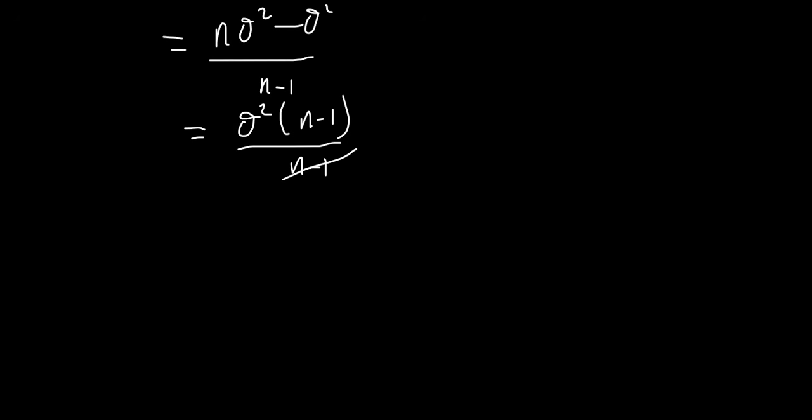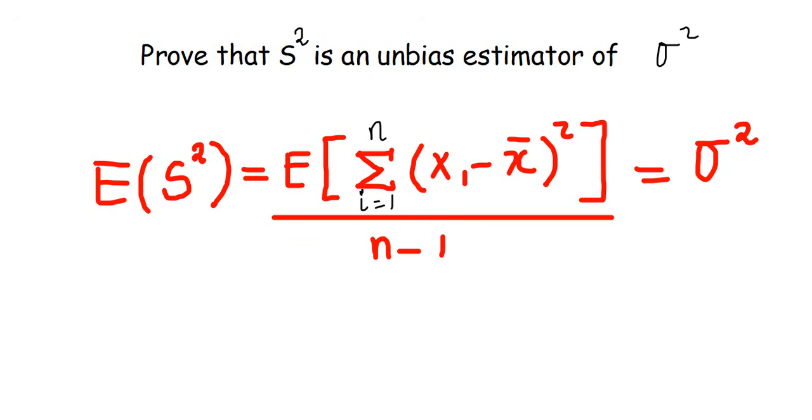Can you see that this will cancel with this? And that will give us sigma squared. Hence, proven. Okay. Remember how the question was? Prove that the estimate of the sample variance is equal to the population variance. And that is how you go about this one.